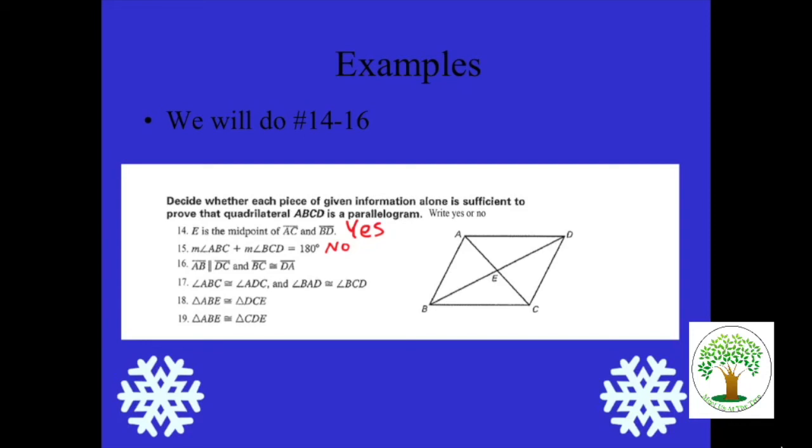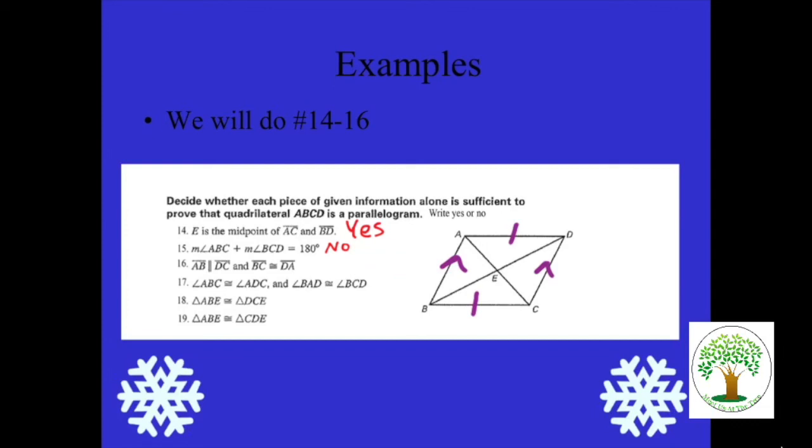Last one together. AB and DC are parallel, and BC and DA are congruent. Do we have enough information to say yes or no? No. Why? Because it has to be on the same side for those to matter.